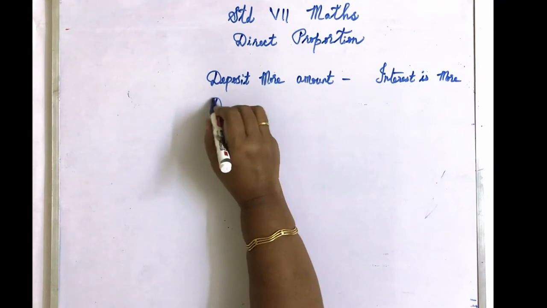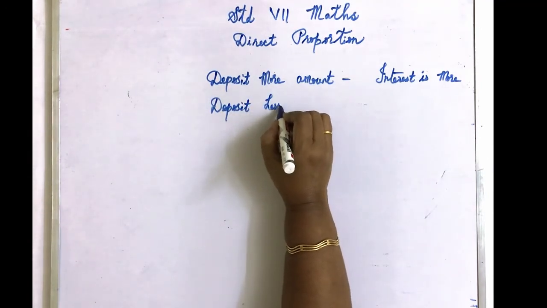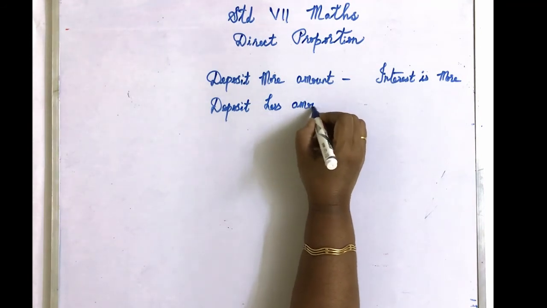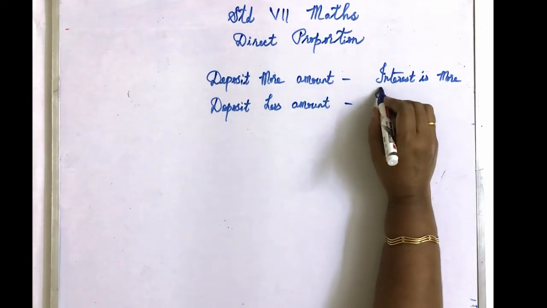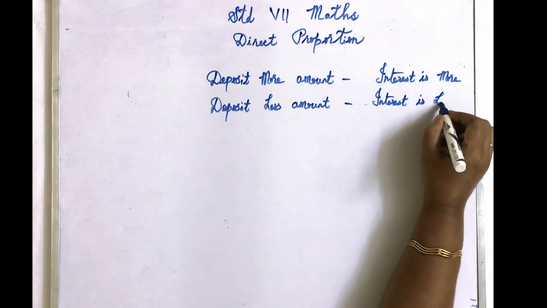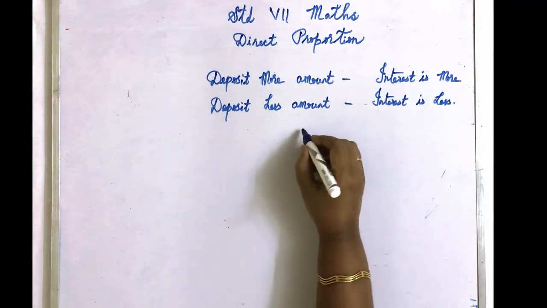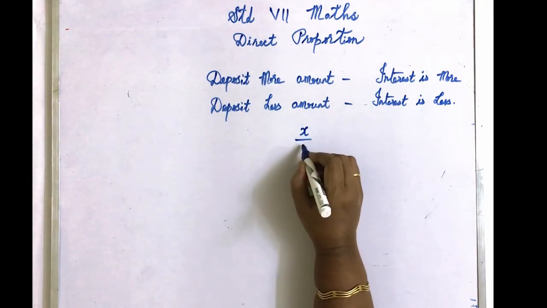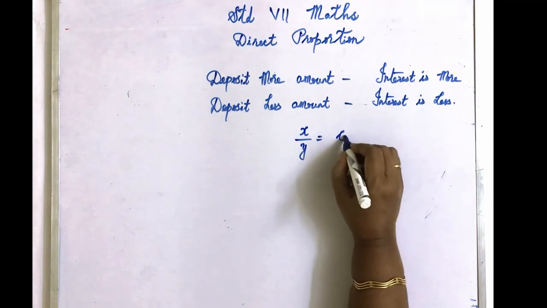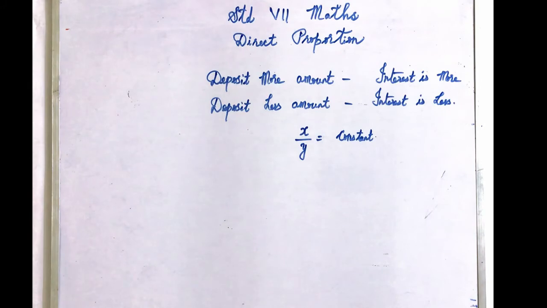If we deposit less amount, interest is less. So in all direct proportions, what we have to remember is that the ratio of their quantities will be constant. Based on this, we have to do the sums. We can continue in the next class. Thank you, children.